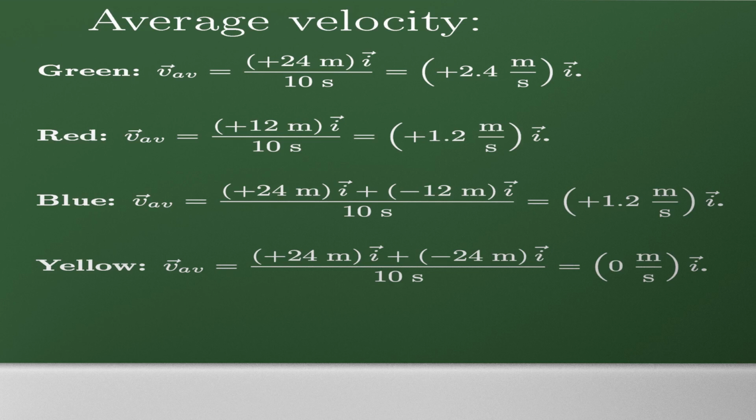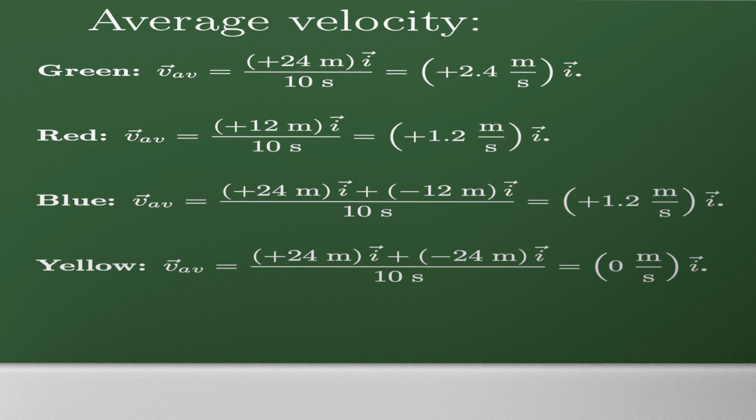In the numerator for the blue particle, it does not need to say plus 24 minus 12 meters at all. It is shown here only to see the difference in the motions between the blue and red particles. In the numerator should stand only plus 12 meters, as it was for the red particle.